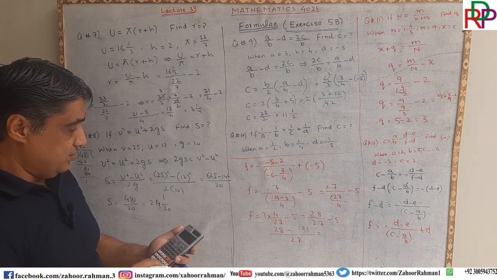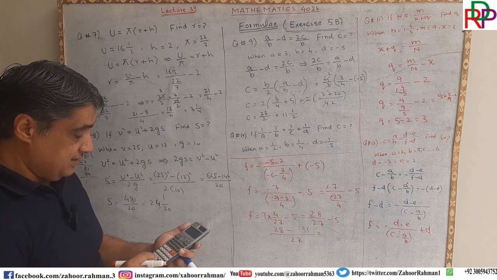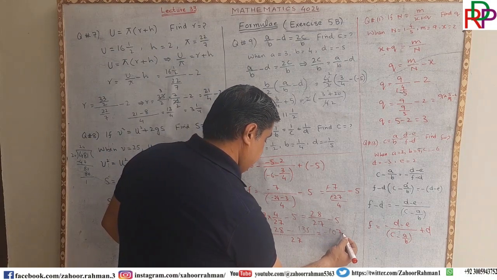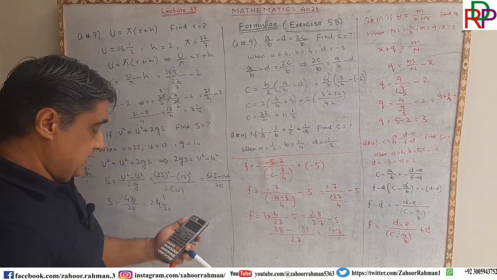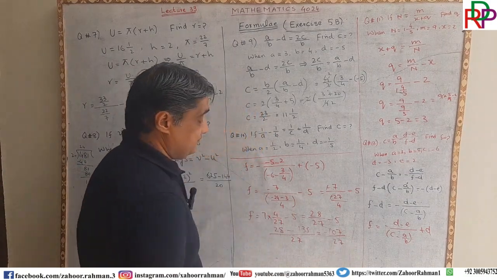Sorry, only 28 is there. 135 minus 28, and that will be with the negative symbol 107, and then divide by 27.